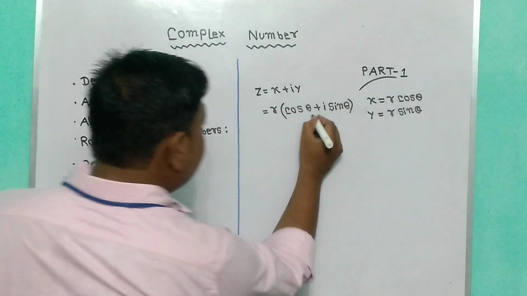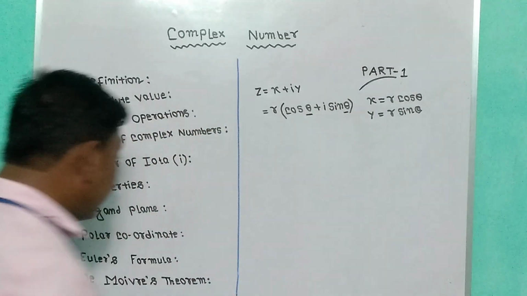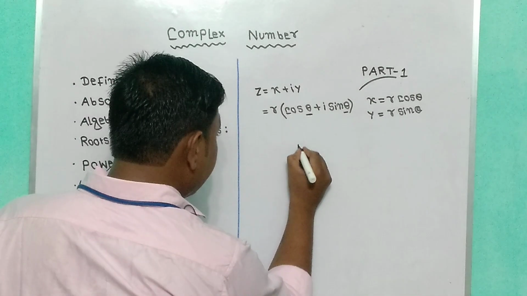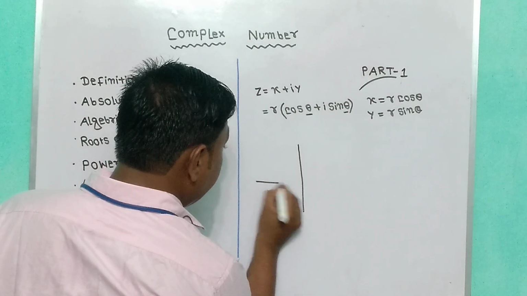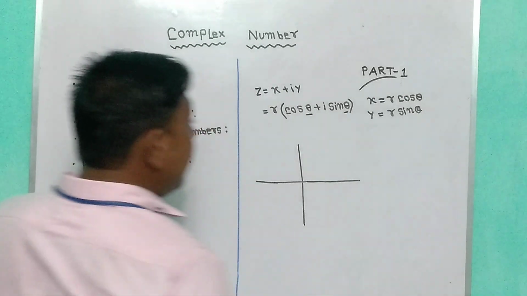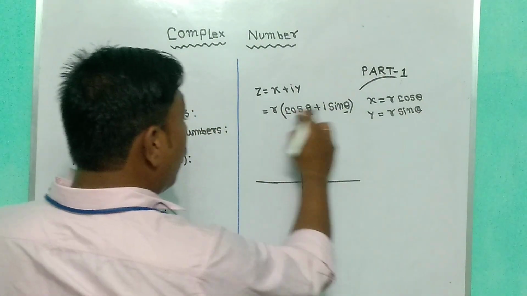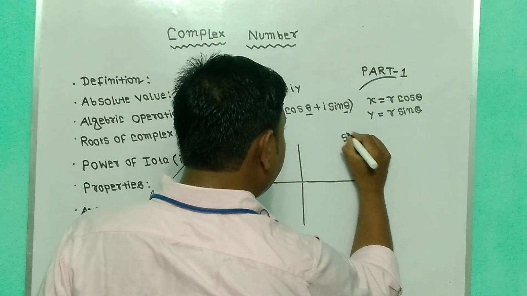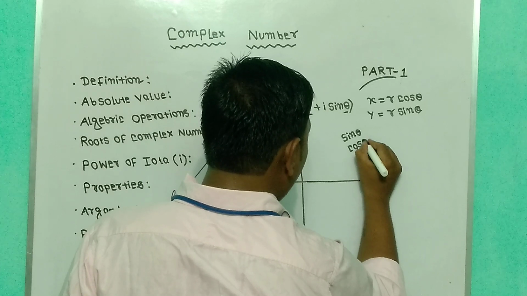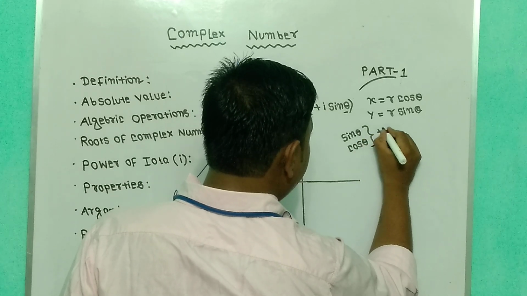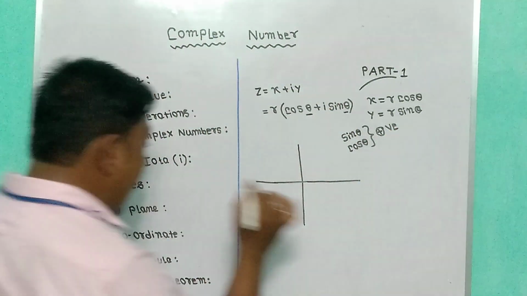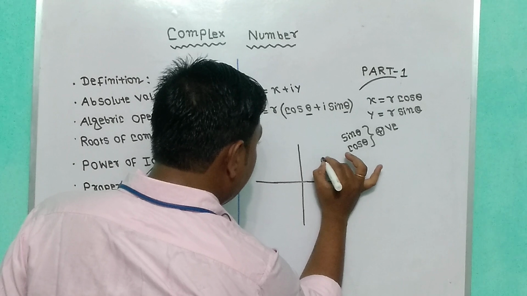So only for theta we need this Argand plane. Why? See, if here sin theta and cos theta both are positive, that means this argument is theta.